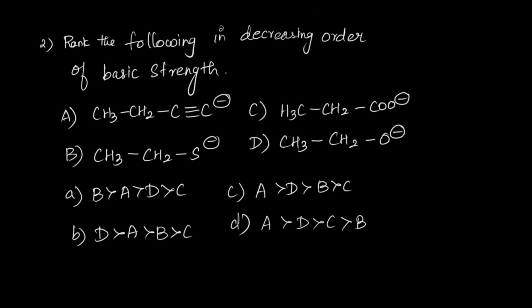Moving on to the third question, rank the following in decreasing order of basic strength. Once again, a question on basic strength. This will take only 15 seconds. What is the answer to this question? Check for the negative species: carbon, oxygen, sulfur.